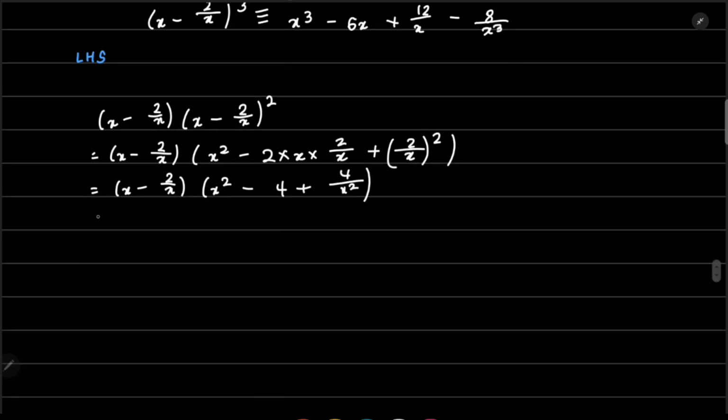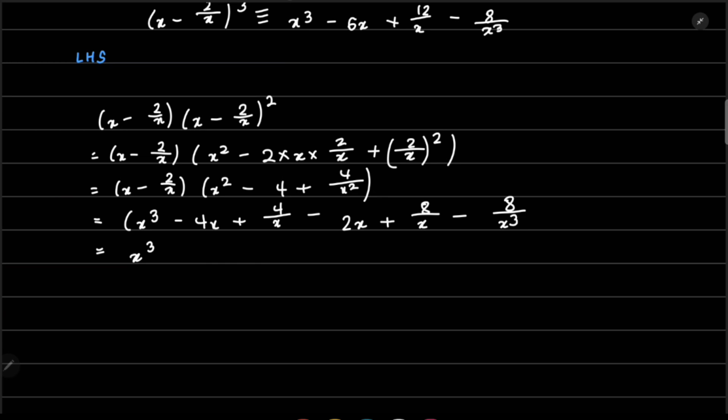We can now multiply both of them, so we get x cube minus 4x plus 4 by x minus 2x plus 8 by x minus 8 by x cube. If I write x cube together, I have x cube.